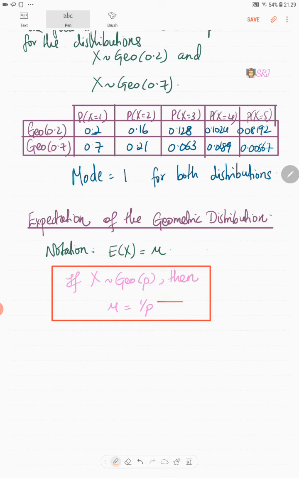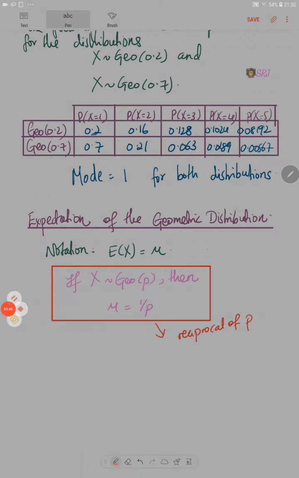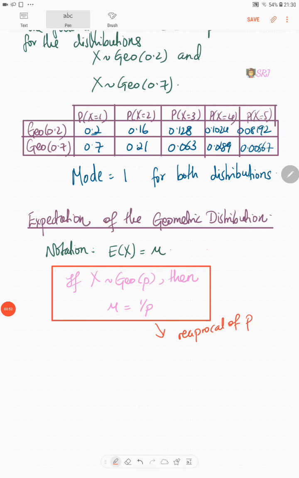That is, we take the reciprocal of p, the reciprocal of the probability of success. Let's now use algebra to prove this result.